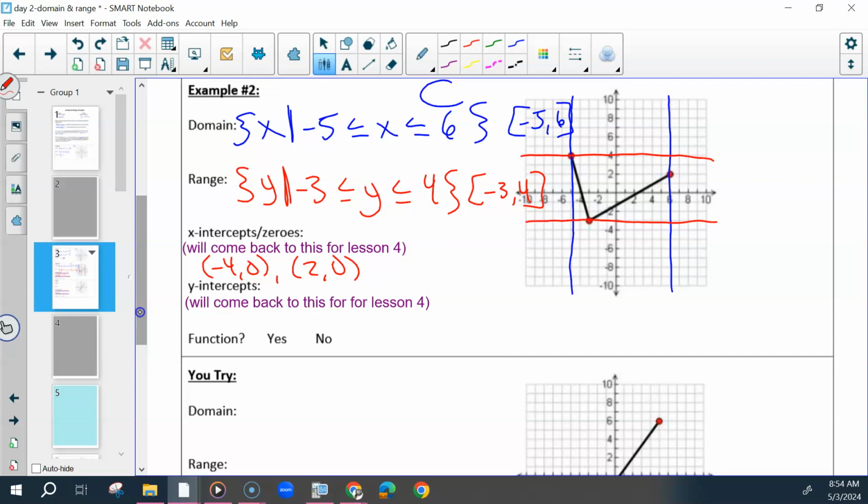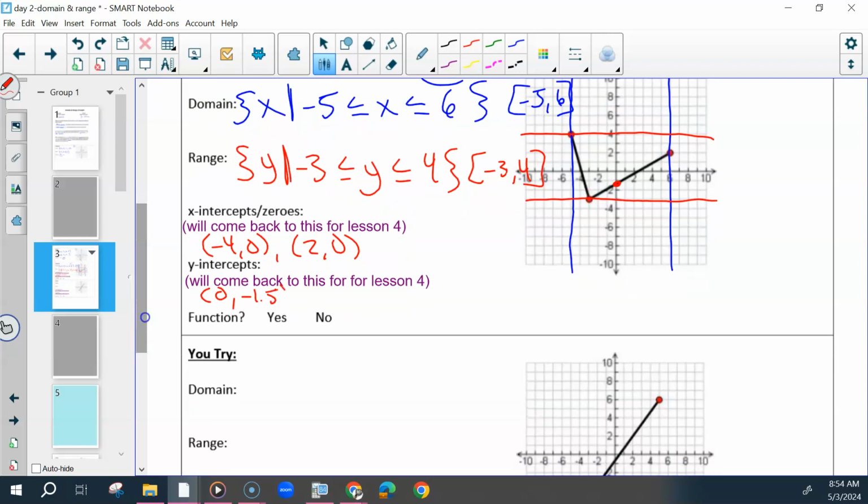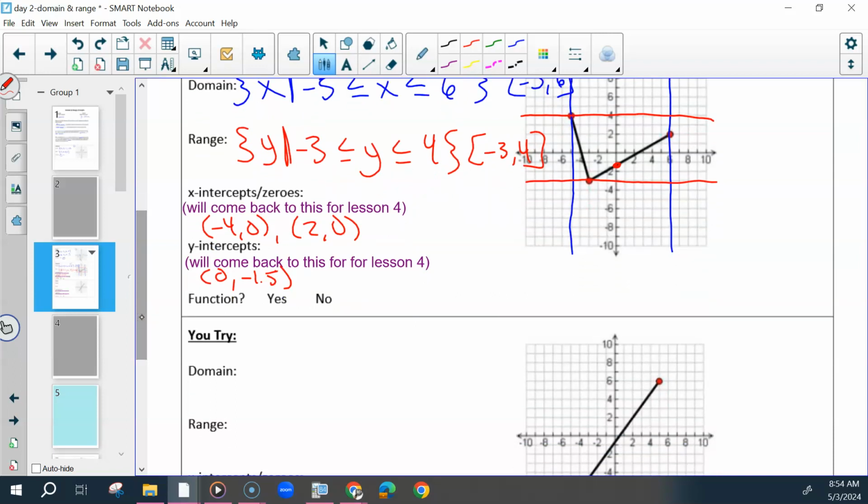Mine's a little off, so I'm going to put wherever mine is, but if yours is at -1, you can put it at -1. So I'm going to put mine at like -1/2. Is this a function? Yes, it would pass the vertical line test. Do you have any questions on anything we just did for our continuous function?